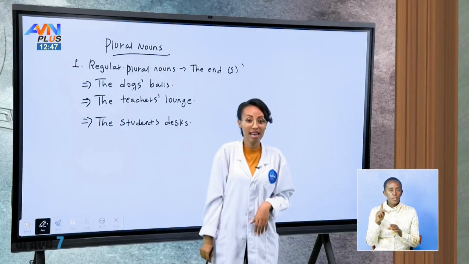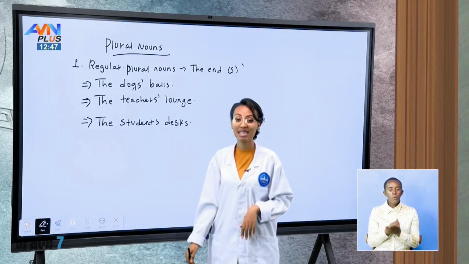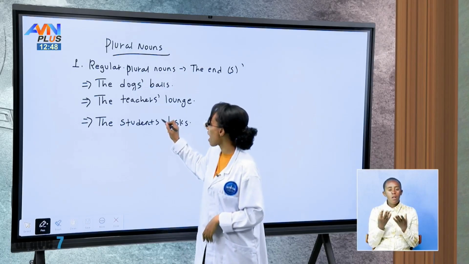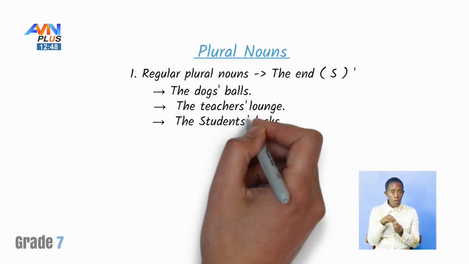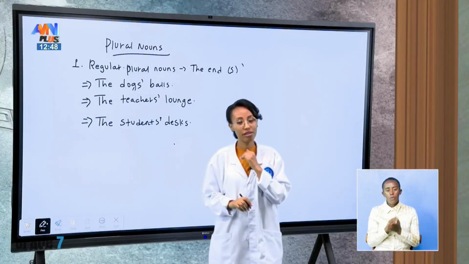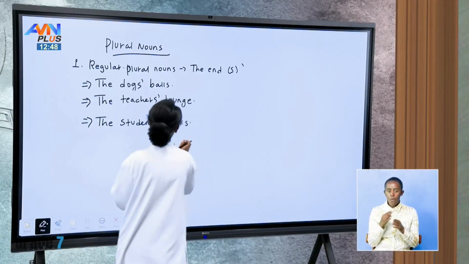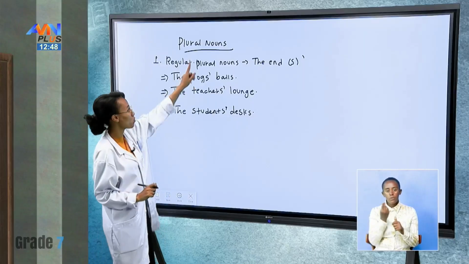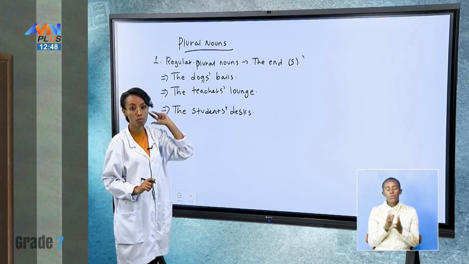The students' desks. So here, since this noun is plural with S, we add what? Apostrophe after the noun. This is the first way to use an apostrophe with regular plural nouns.